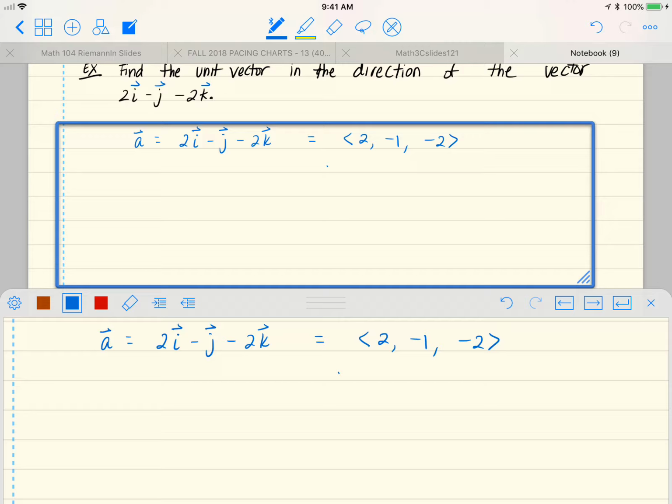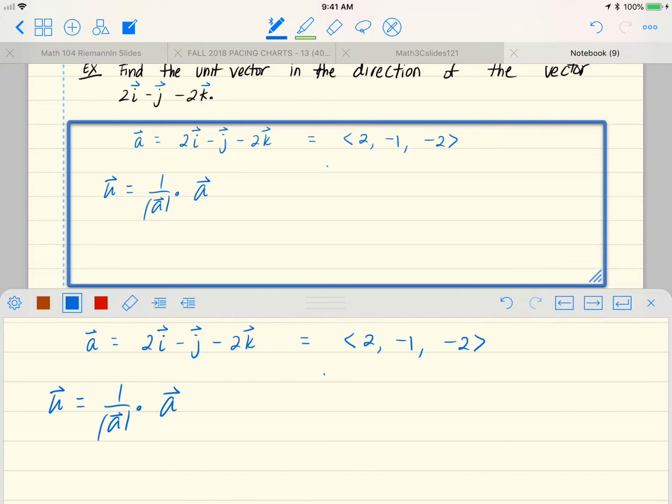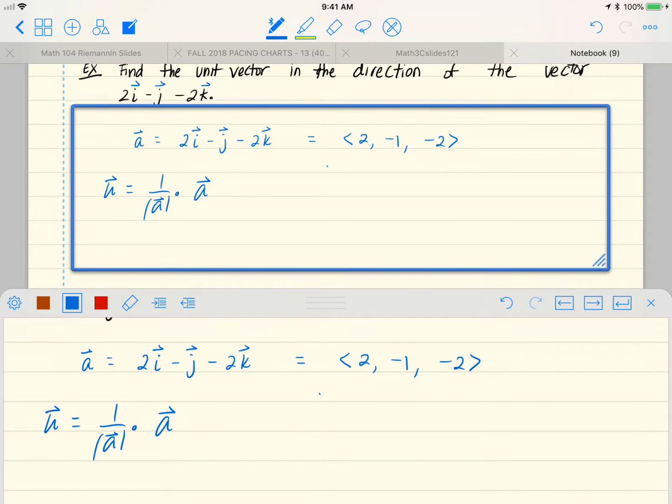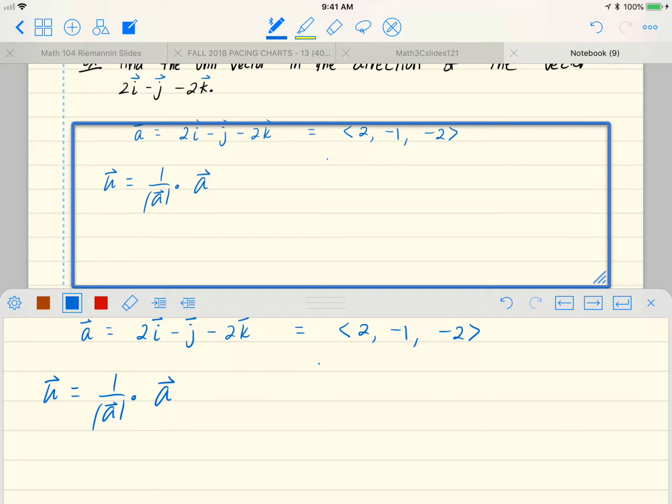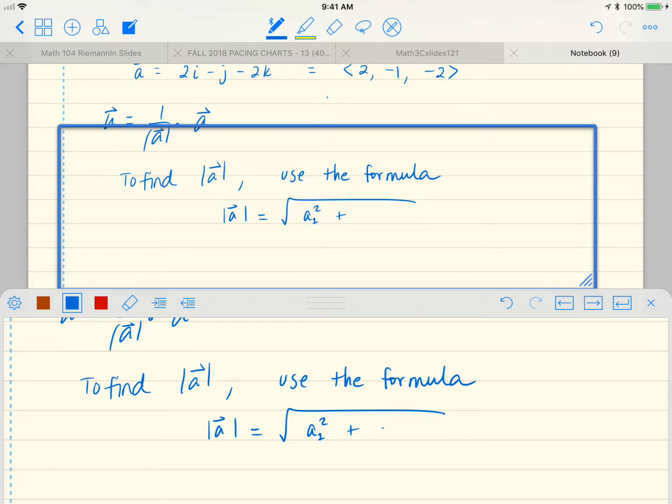Okay? And so now I need that my unit vector is 1 over the magnitude of A times A. So in order to use this formula, I need to find the magnitude of A. So to find the magnitude of A, I'm going to use the formula that the magnitude of A is the square root of a1 squared plus a2 squared plus a3 squared.